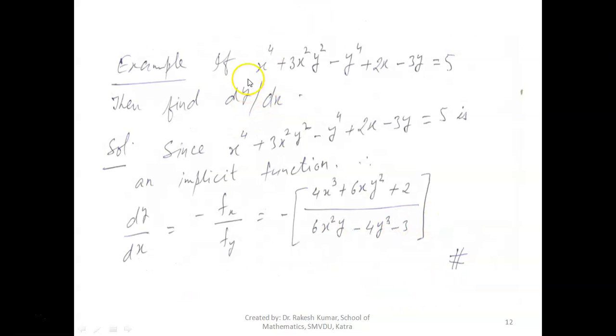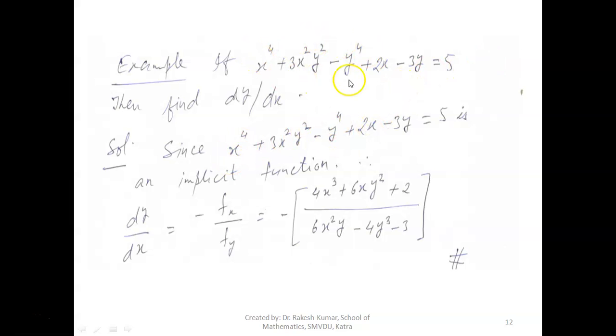Now I have one example based on this. If x to the power 4 plus 3x squared y squared minus y to the power 4 plus 2x minus 3y equal to 5, then find dy upon dx. Okay. So in this case, let f be equal to this one, minus 5 equal to 0.